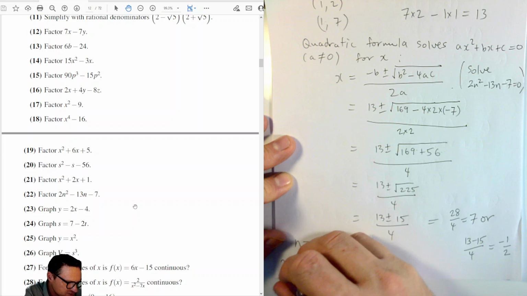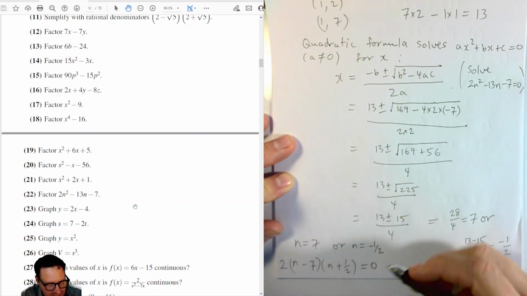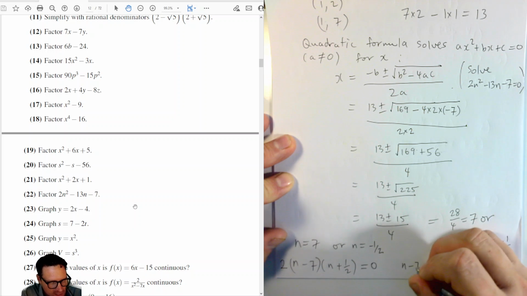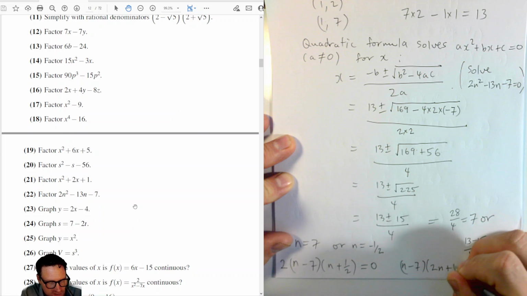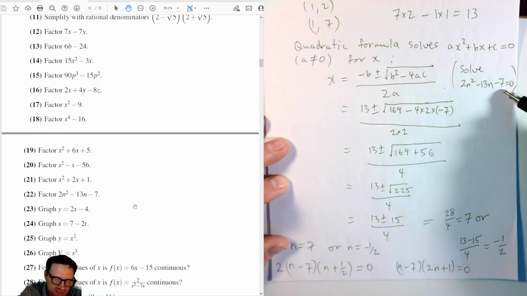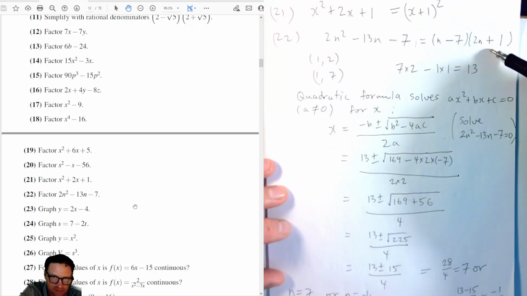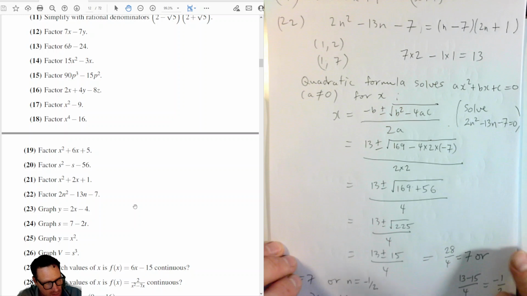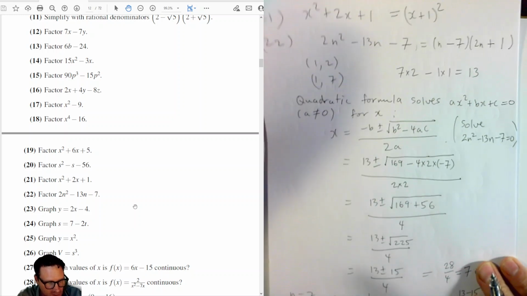So that would be 2. Okay, and so now let's take that 2 and put it in here, and we get n minus 7 and 2n plus 1 equals 0, which is the same equation as this, and hence we have the same factors as up here. Okay, so that's another method to factorize a quadratic polynomial.